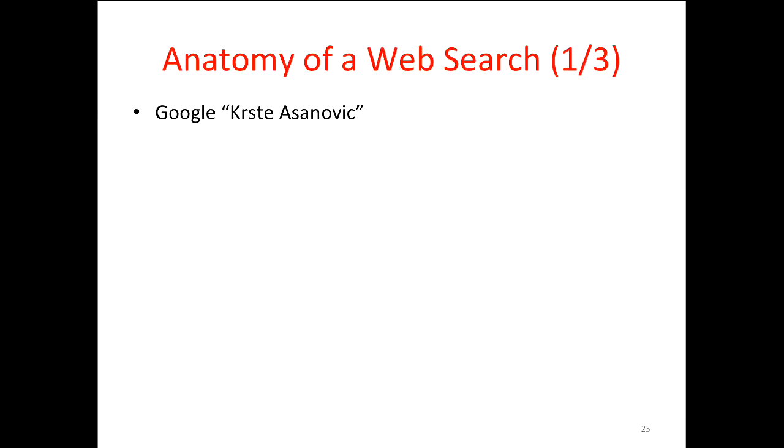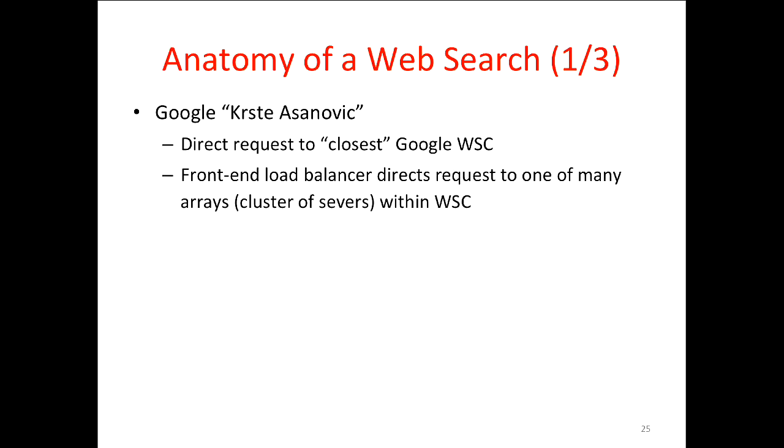If we Google "cluster autonomous", first, your query is sent to the closest Google warehouse scale computer, which is magically done by the DNS servers, which is a topic of a network class. And then there is a server called the front-end load balancer, which will send your request to one of many arrays.